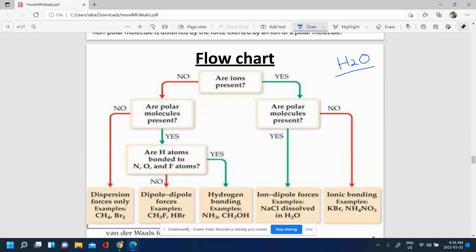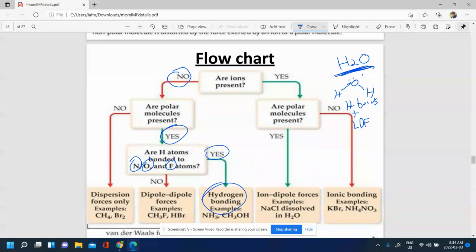It's a molecular compound, so there are no ions. Are there polar molecules? Well, you have to figure out if water is polar or not. So yes, it is polar. Are there atoms bonded to N, O, or F? Yes, there are. There's OH, right? When you draw this out, there's OH. And so yes, there are. So that means there's hydrogen bonding. So water has hydrogen bonds plus LDF. Hydrogen bonds plus LDF.